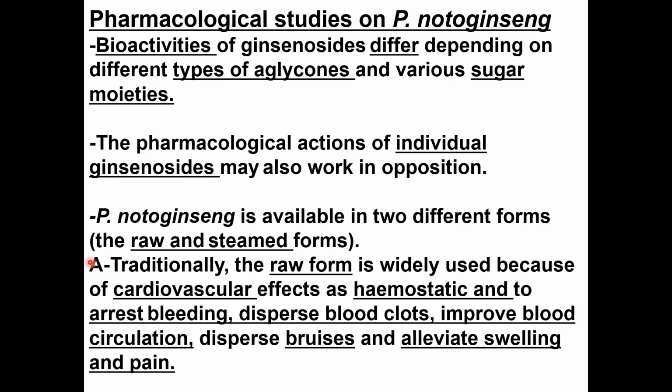There are two forms of Panax notoginseng, the Chinese ginseng, raw and steamed form. Traditionally, the raw form is widely used because of its cardiovascular action. The drug arrests bleeding, disperses blood clots and improves blood circulation, also disperses bruises and alleviates swelling and pain.